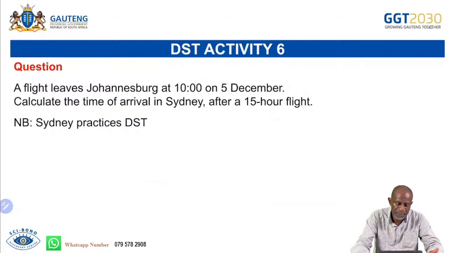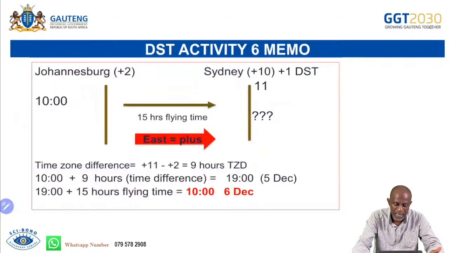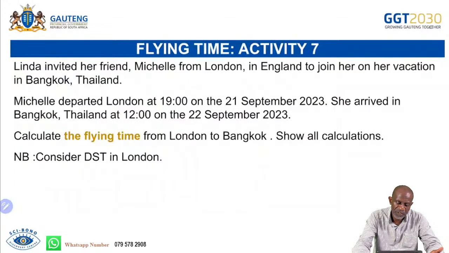Question 6, or activity 6. The flight leaves Johannesburg at 10. Oh, this was the question of the previous memo that we spoke about. But from that memo, we managed to work out the question. Skip this. Here is a duplicate of the memo that we have just worked out. They wanted us to calculate the flying time, which we have done in conjunction with DST.